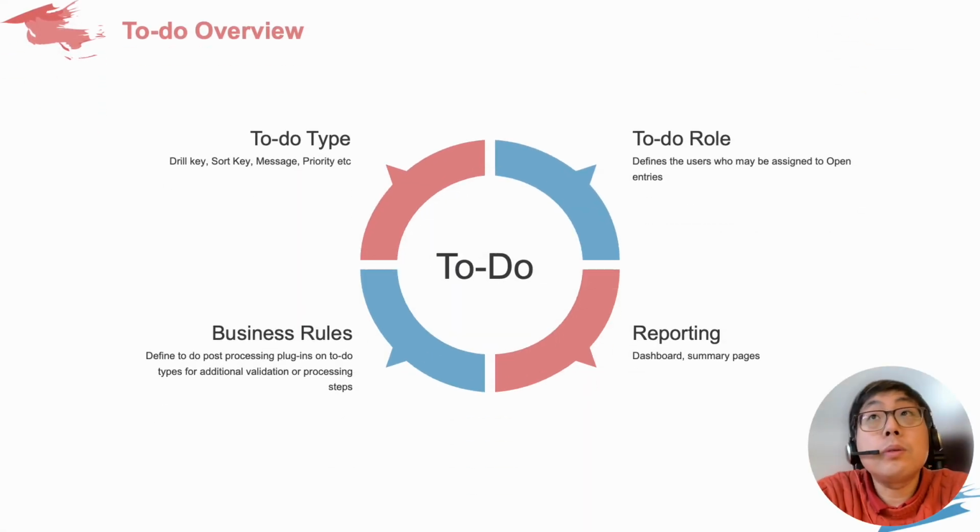Okay, so with To Do, there are a few concepts I have to introduce if you haven't heard about this term before. To Do is something we use in the system to notify the business user when some event happens or we need them to perform a manual task.